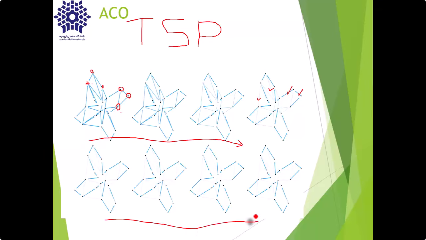And finally, as you see, some of the edges are stronger and some of them disappear, and there is no edge here, for example, here and here. So by this algorithm, through the combination and collaboration of different ants, we want to help the traveling salesman find the shortest path.